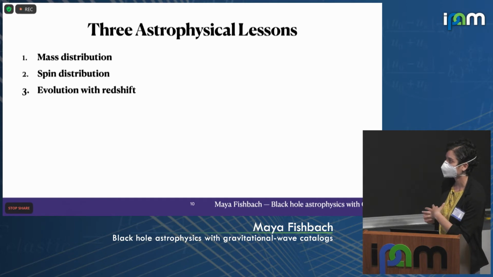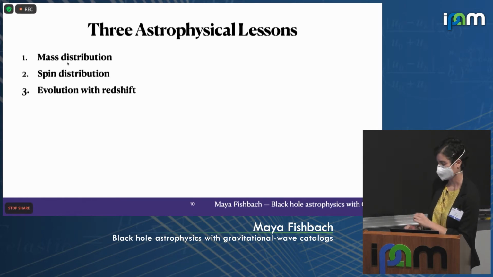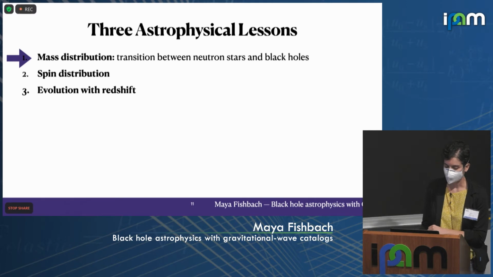In the next part of the talk, I'll just focus on three astrophysical lessons, and I'll highlight one lesson or so each about the mass distribution, the spin distribution, and evolution with redshift. So starting with the mass distribution, I think I said I would talk about the upper mass gap, but I changed my mind. So I'll be talking about the lower mass gap.